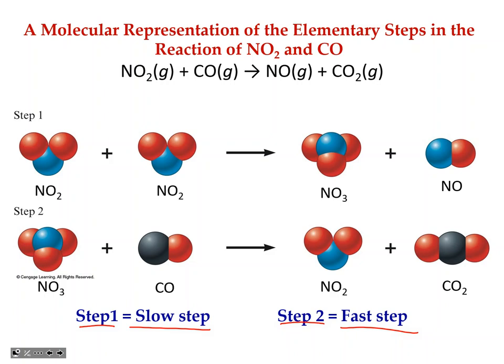Well, the NO is a part of the overall reaction, so that one does stick around. It is part of our overall balanced reaction at the top, so that one is not an intermediate. Which one would be? NO3? Very good. This is your intermediate here.